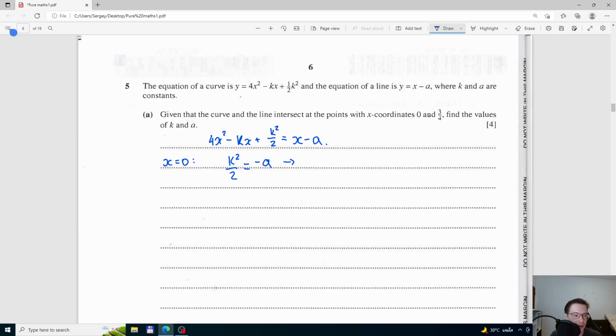I think I will just rearrange this equation and multiply by 2, so k squared equals minus 2a. And I guess I will find a from here. So it's k squared over minus 2. Or, even better, minus k squared over 2.